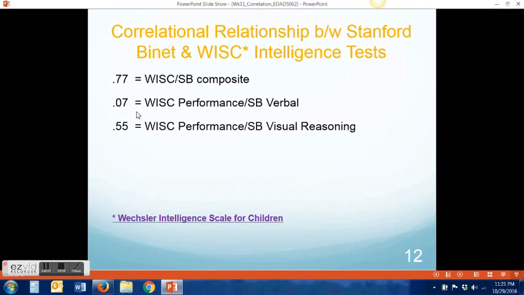Now, on the other hand, the Wechsler Performance Index compared to the Stanford-Binet Verbal is not related. It's near 0. And if we compare the Wechsler Performance with the Stanford-Binet Visual Reasoning, we see a relationship, but a moderate-sized relationship here.